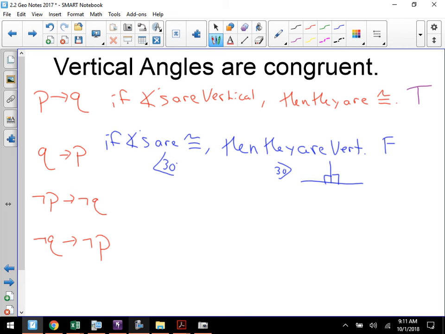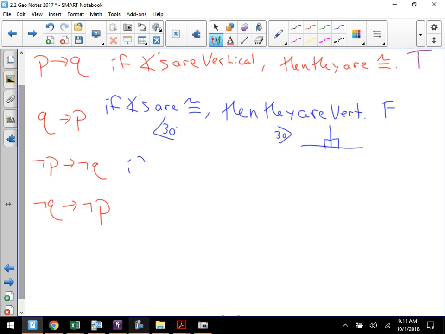Okay. Next. Not P, not Q. So if angles are not vertical, then they are not congruent. Is that true or false?